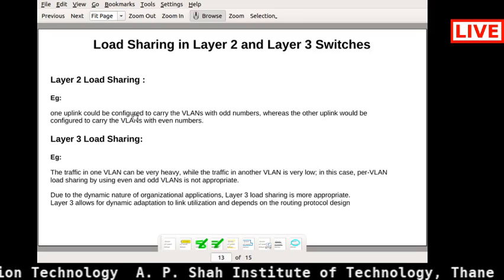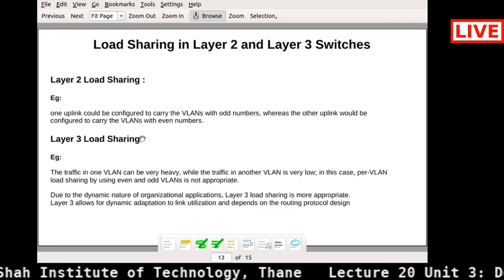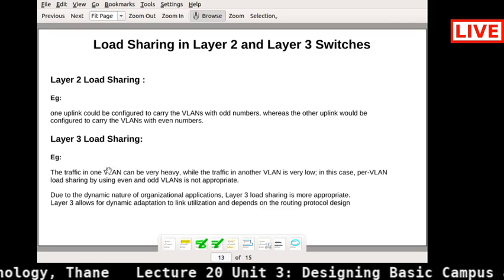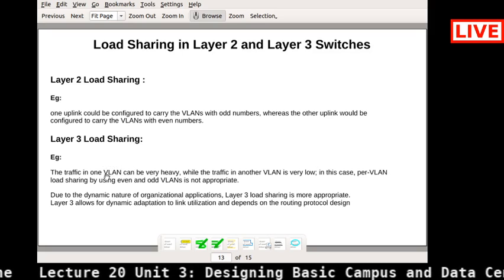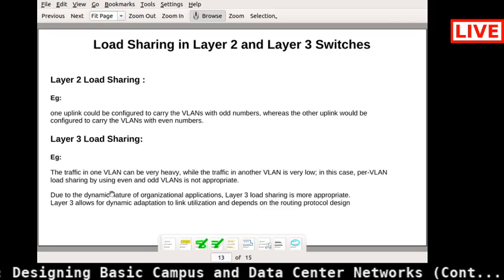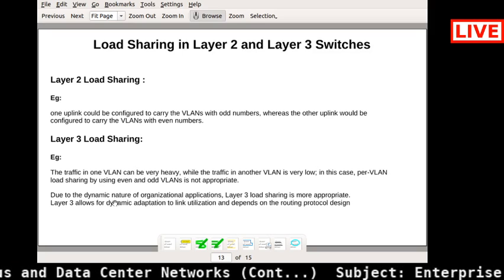Therefore they cannot perform intelligent load sharing compared with layer 3, because layer 3 switches can perform load sharing based on IP addresses, on source and destination IP and all those things.